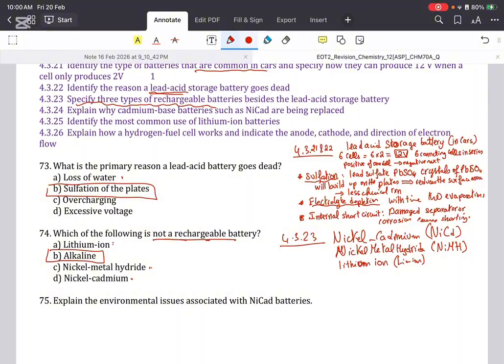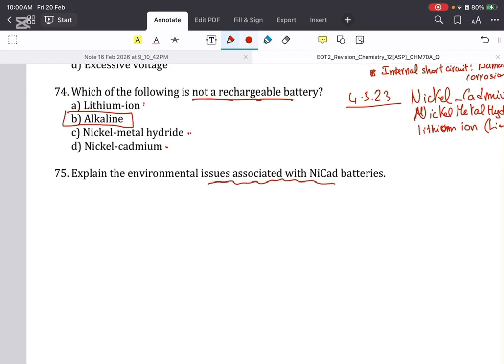Okay, and explain why cadmium-based batteries such as nickel cadmium are being replaced. These are not really used anymore. So here comes the question, the issues associated with cadmium batteries.